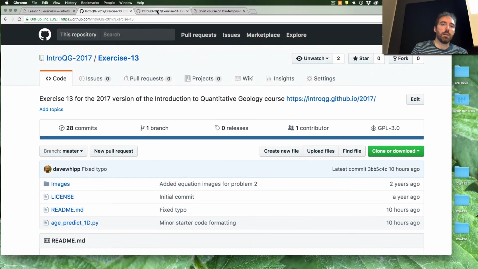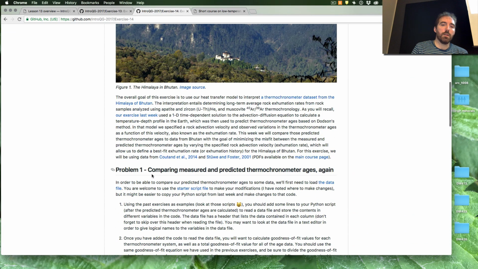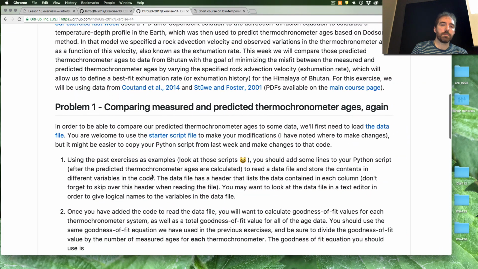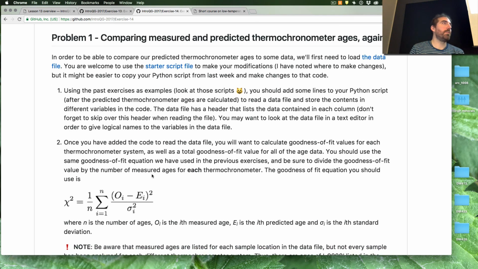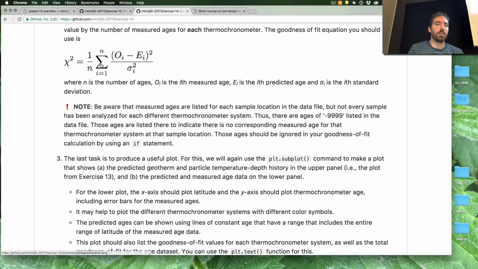The one for next week is quite similar. The only difference here is we're going to load in a data file, and then you have a similar starter script. You're going to load in a data file that has some ages in it, and then you're going to compare the ages in this data file to the ages you predict with the numerical model, and you'll do that with this goodness of fit equation that's shown here.